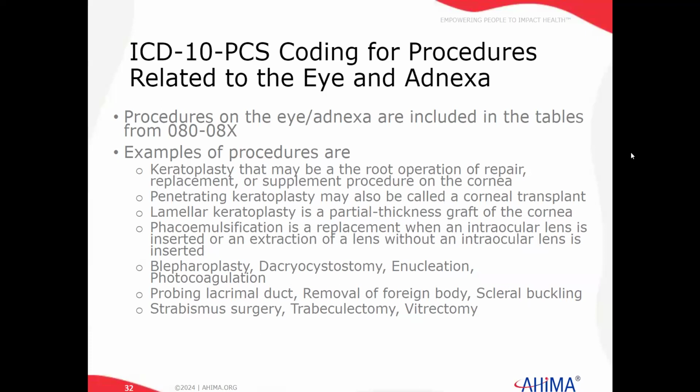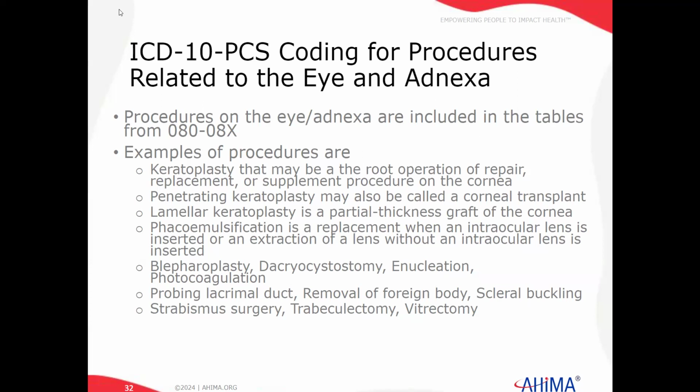Then lastly, procedures on the eye that are included in tables 080 through 08X. Some of these procedures will make a lot more sense to you if you can use your medical terminology knowledge and kind of figure out what they are.